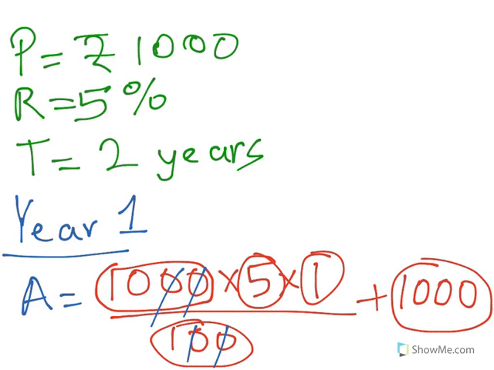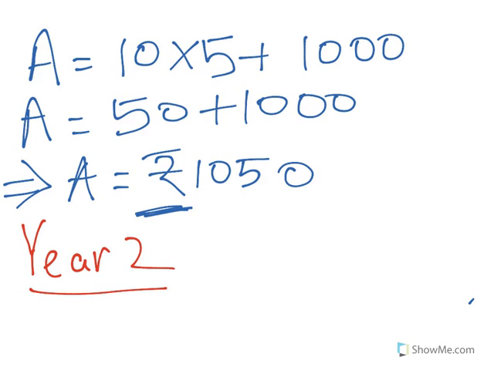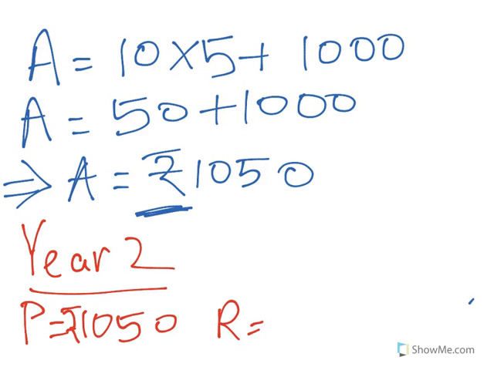Right, so my principal now is going to be 1050. And my rate is going to be the same. It's going to be 5%. And my time, you guys should know this, is going to be just a single year.